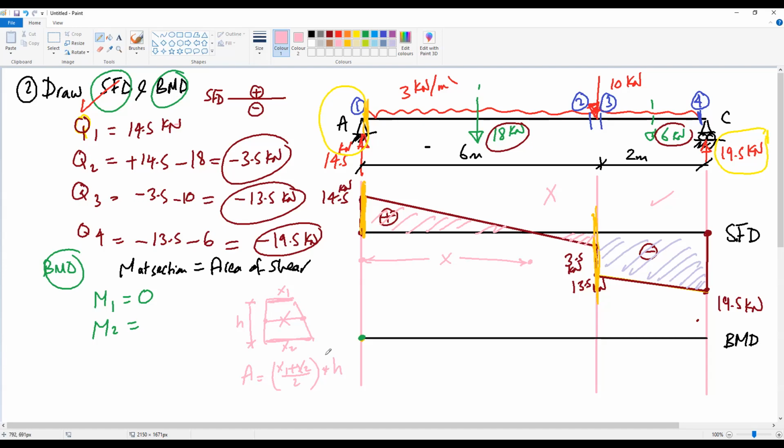So if we have a look here, what are the two bases we have? This is the first base, let's say x2, and this is the small base, which is x1, and this is the height. So this is the trapezoid, these are the two bases, x1 and x2, and the height is h.